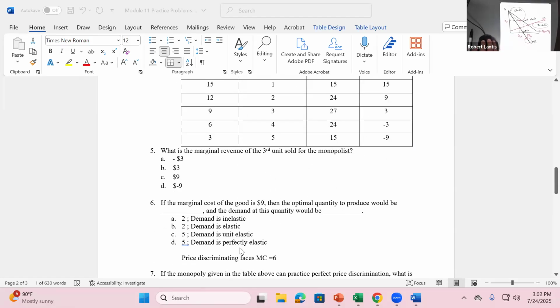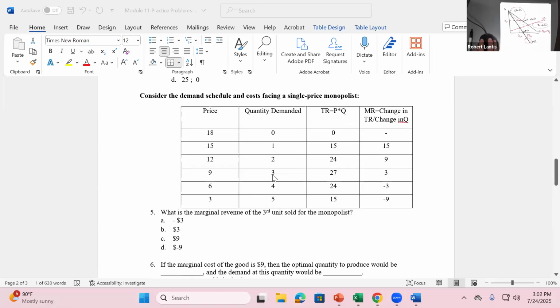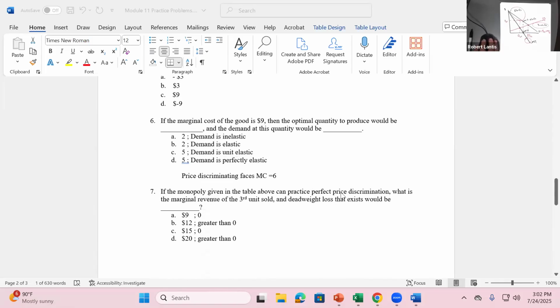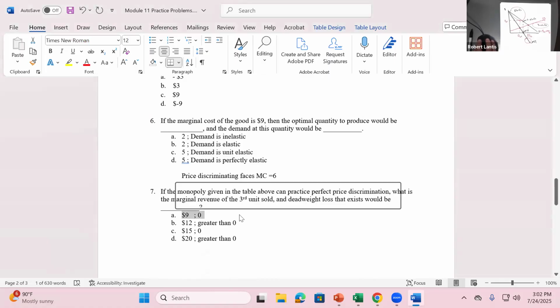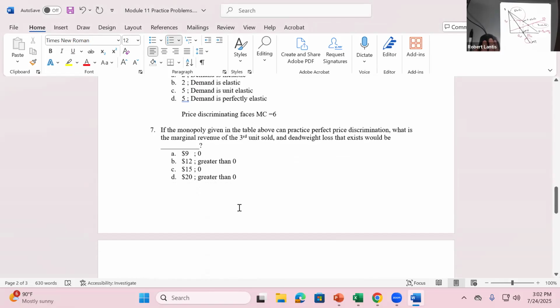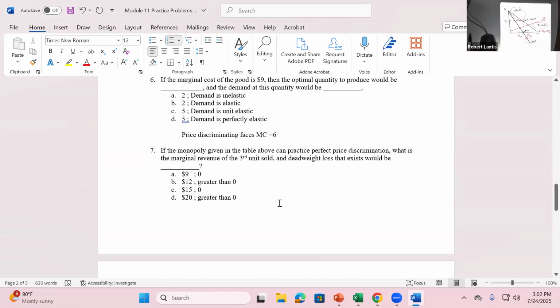So if I'm looking at that third unit, I could charge consumers a price of 9. That would be my marginal revenue. And then we know that if I'm practicing perfect price discrimination, I'm always driving the deadweight loss down to 0. So we would be right here. Any questions on that before we keep moving?